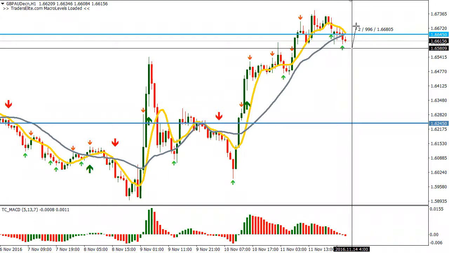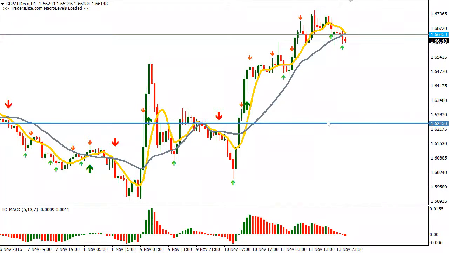Now on these pairs, you do tend to have more pips on your stops and on your profits than on, say, the straight Euro US trade. So 100 pips on the stop, around 320, 330 pips on the reward to the next macro level.